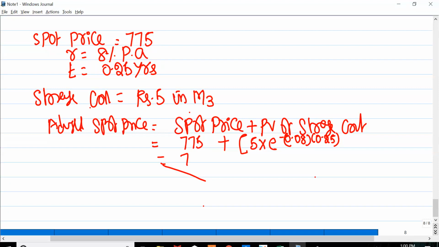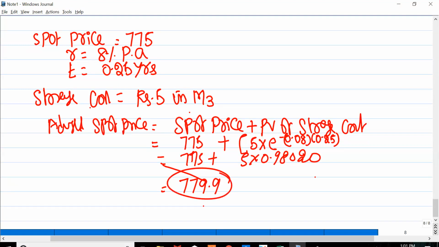So 775 plus 5 into 0.98020. When you add all of this, what do you get? 779 point... Use this and get the fair futures price. We will use this and get the fair futures price, 779.9.